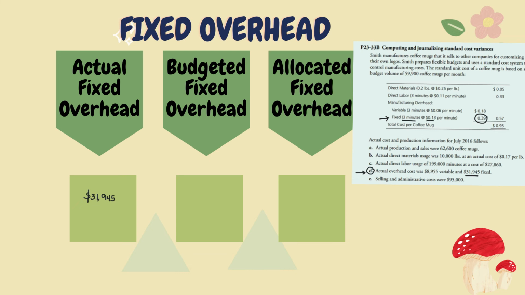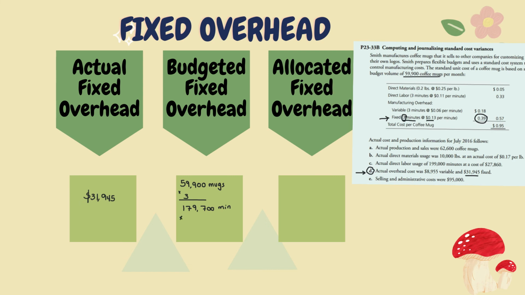So I have 59,900 coffee mugs. This is the budgeted amount of output. So if you multiply 59,900 mugs with standard input per one output, which is 3 minutes, I need 3 minutes to make each mug. I'm gonna get the budgeted amount of minutes, which is budgeted input, which is 179,700 minutes.